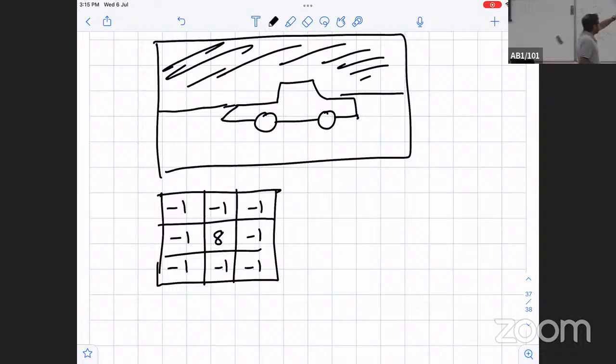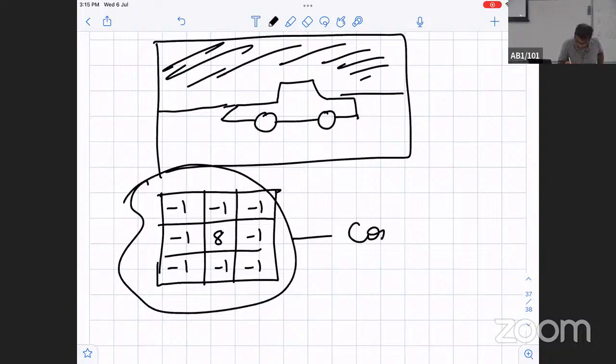So some matrix like this. Let's say this is my image, and this is called a filter. This thing that I have written here is called a convolutional filter.